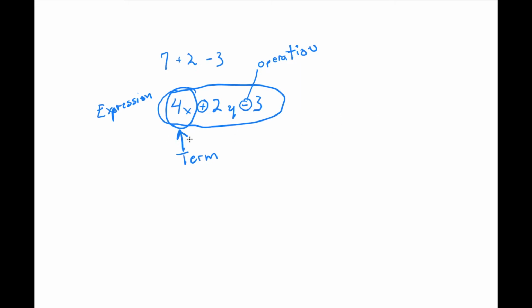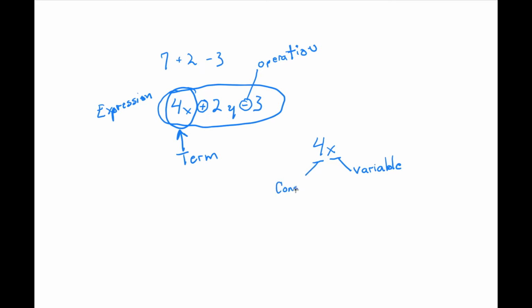All right, so within this term, here's our term. Our term is 4x. There are other words that you need to learn, and we've already talked about this one. The x, that is called a variable, and it's called a variable because that value can vary. And 4 is called a constant.